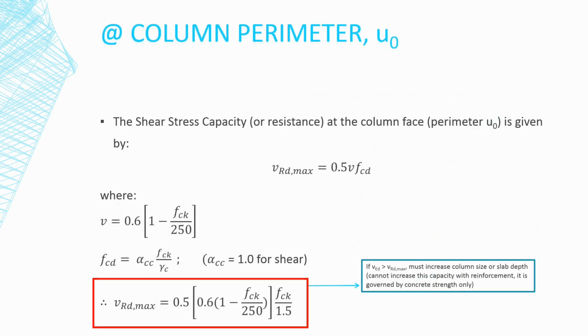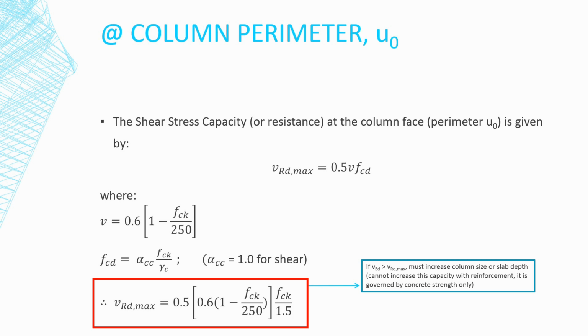Once the applied shear stress at the column perimeter has been calculated, the designer must ensure that it is less than the shear stress capacity or resistance at this perimeter. This is calculated by first calculating vRd,max, as shown in the formula here. It is worth noting that vRd,max depends only on the compressive strength of the concrete in the slab.